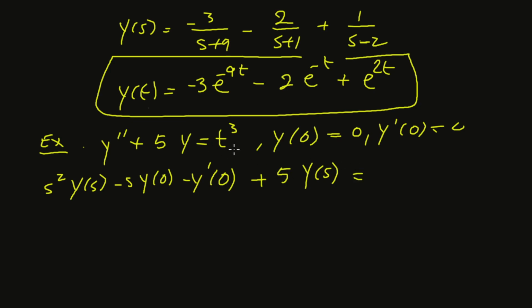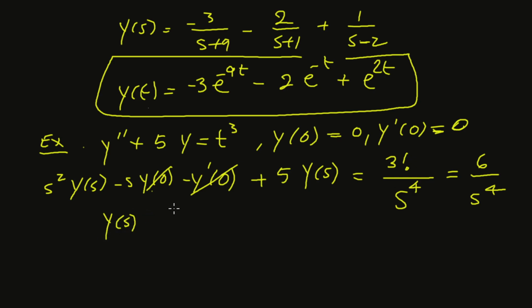And then Laplace transform for t cubed, when you check the table, you'll see that you do n factorial, which is 3 here, and then you do n plus 1, which will give you 4 here. Right, so 6 over s to the power 4. These are, let's say, these are 0.